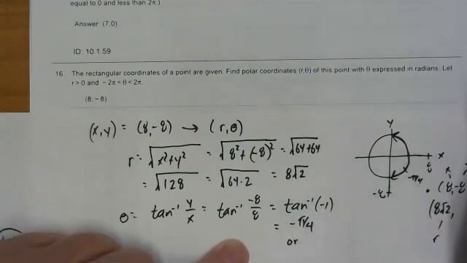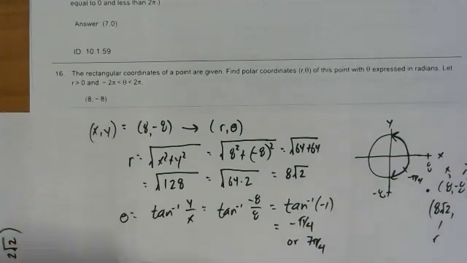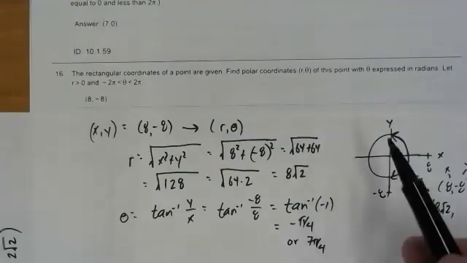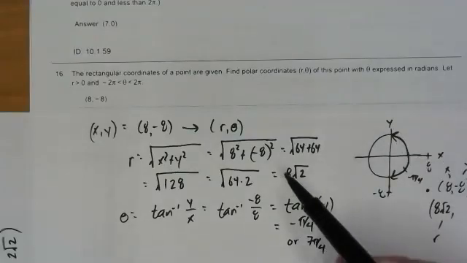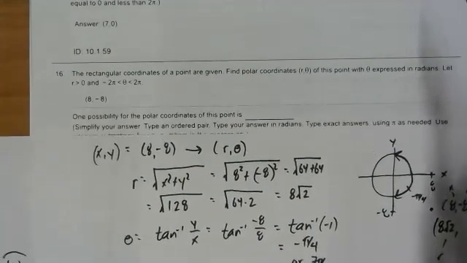But if I wanted to write it as a positive angle, that's the same thing as 7π/4. Now I'm interested in what they give the answer to be. My suspicion is I thought they would want a positive angle, 7π/4, but here it says it can be negative. I wonder what they give the answer to be.